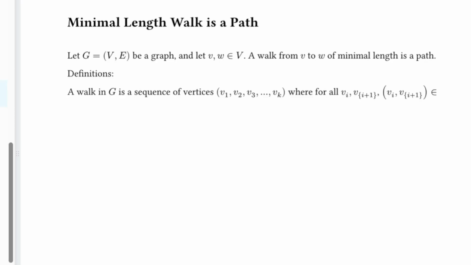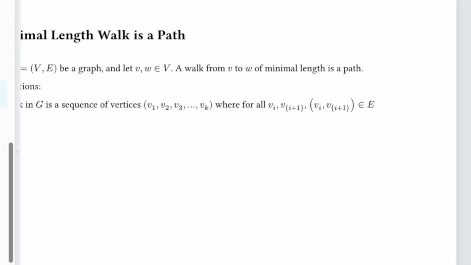So this edge is in E. And the length is the number of edges in this case. It doesn't really matter. Some books will say that it's the number of vertices.